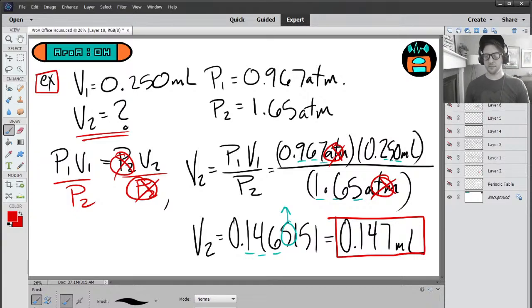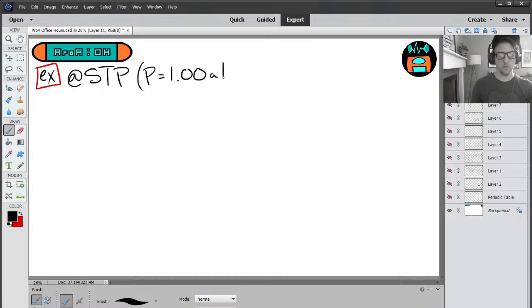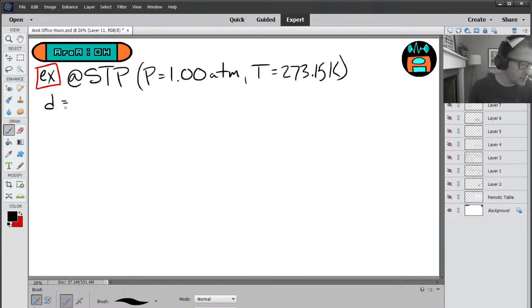Okay. This is an interesting problem. So we're told that at STP, which for the record is a pressure of 1 atmosphere and 0 degrees Celsius or 273.15 Kelvin, the density of this gas is 1.43 grams per liter.